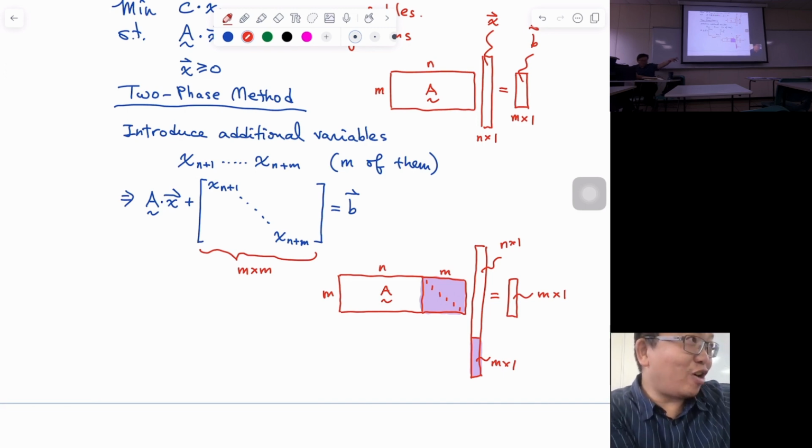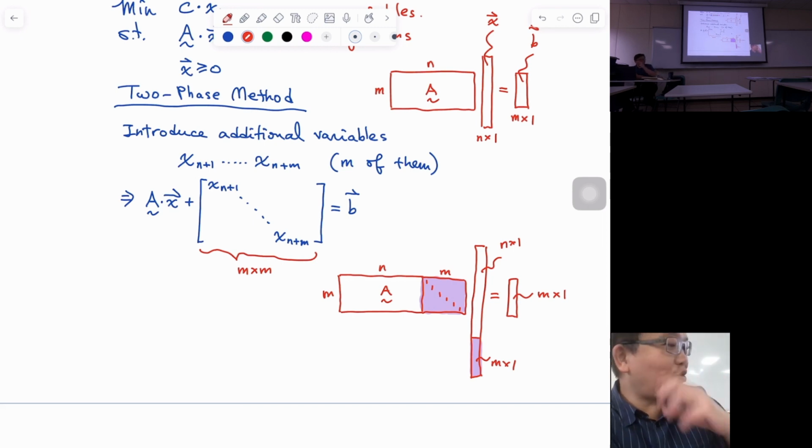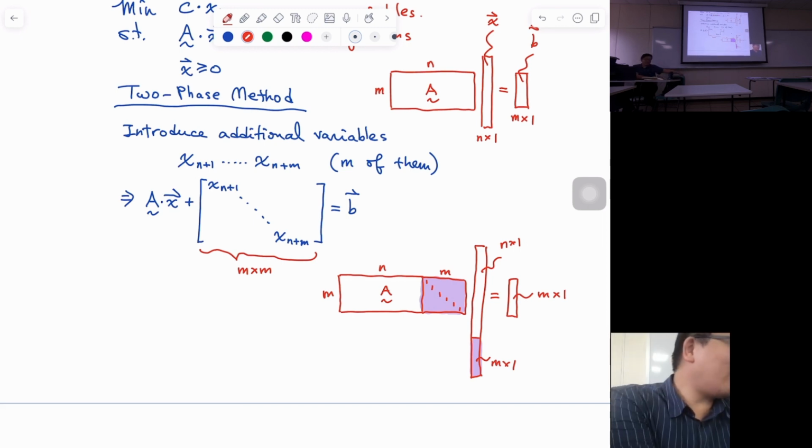Then the additional variables can be solved. So this trick is just like what we did for the slack variable when we introduce an identity, but sometimes it's not enough. So you introduce a series of new variables just to find a feasible set of solutions.